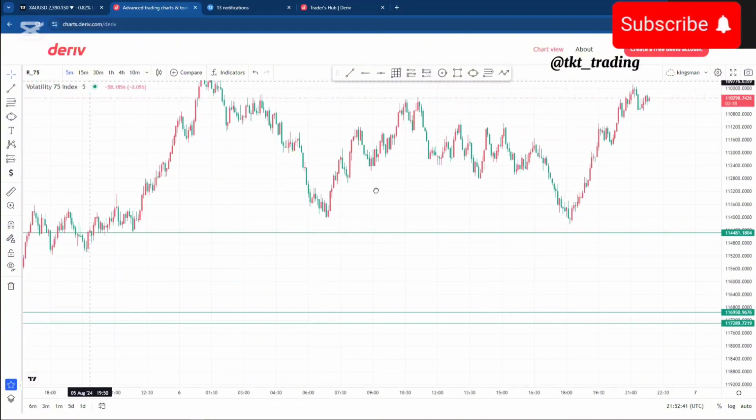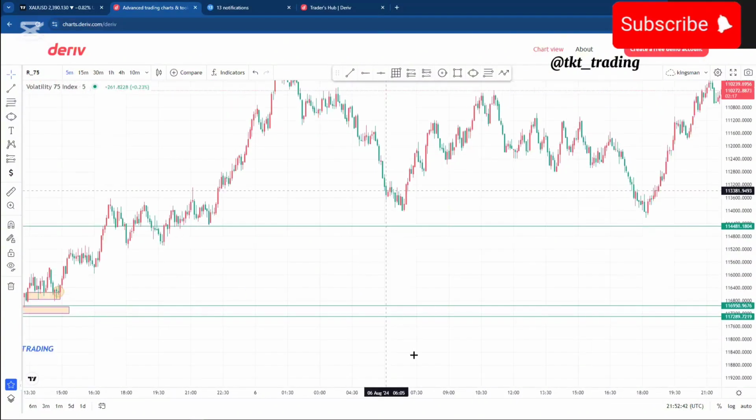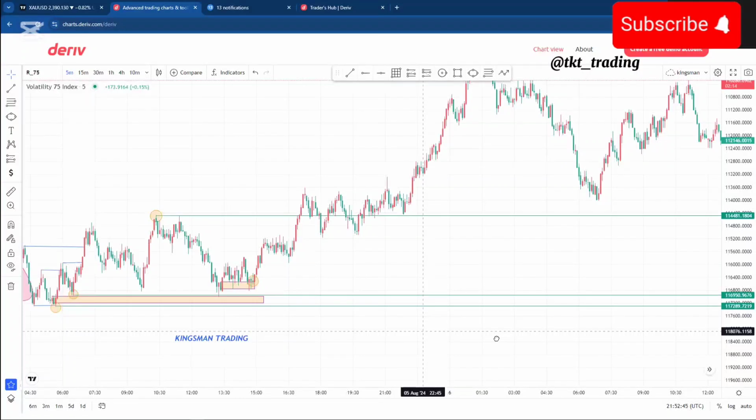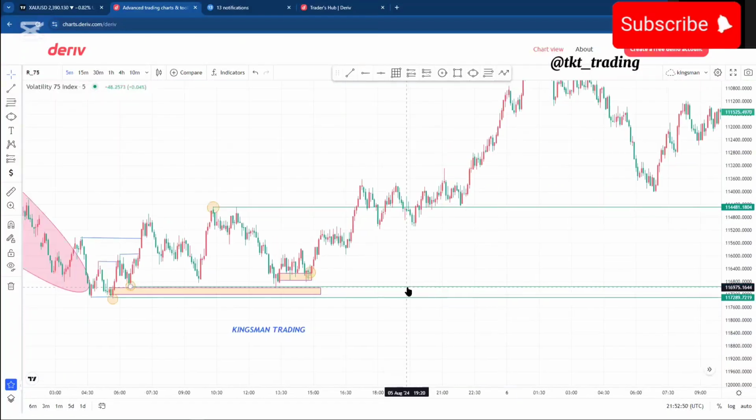One of the entry rules is that your entry must always be on the 5-minute time frame. So this is the demand zone here on the 5-minute time frame. Like I said, for a bullish move in an uptrend market, the last bearish candle will be your demand zone. That's what you're going to mark out.